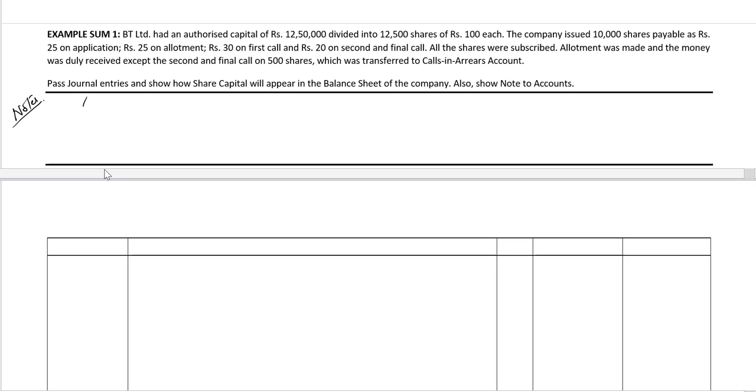The authorized capital of the company is 12,500 shares of rupees 100 each, and the number of shares issued is 10,000 shares of rupees 100 each.